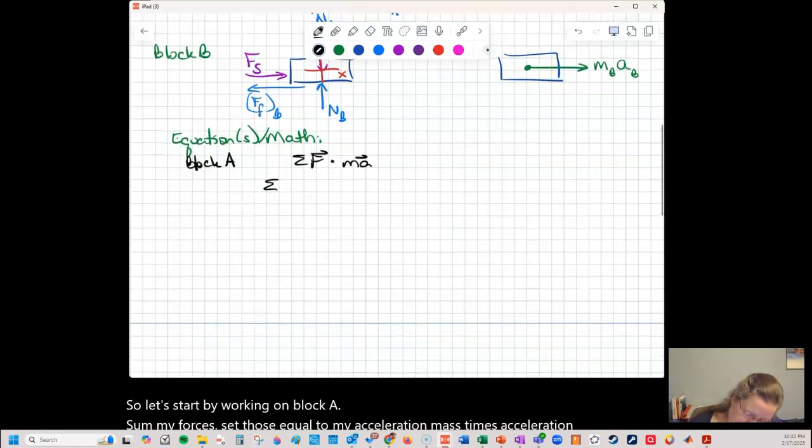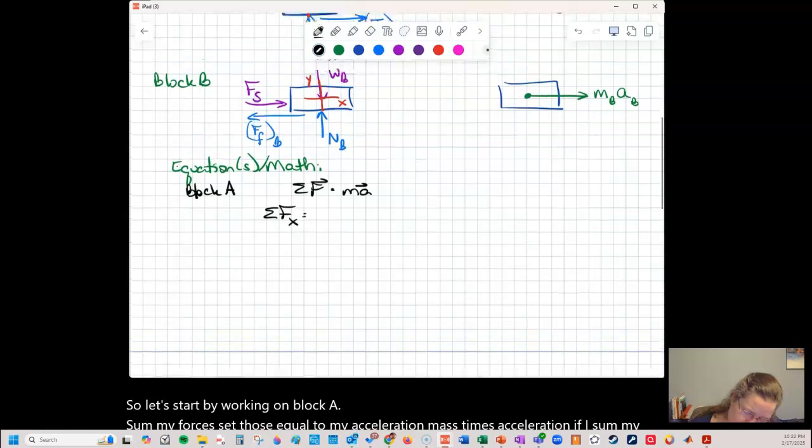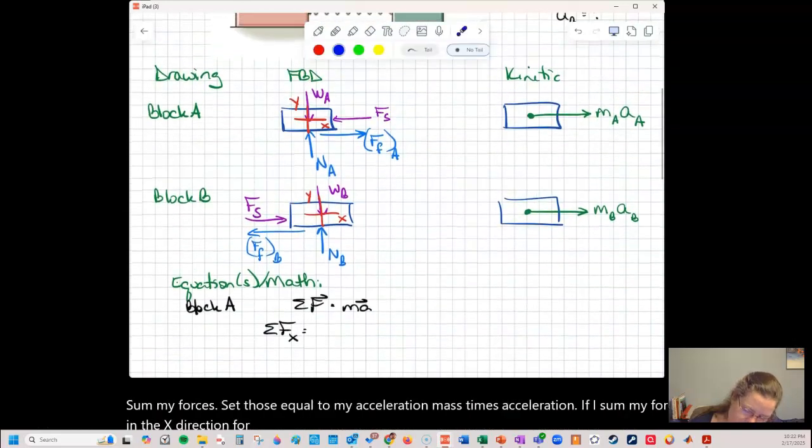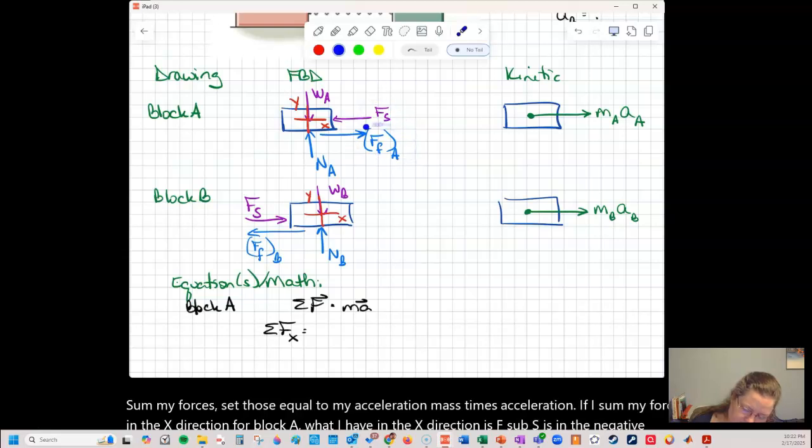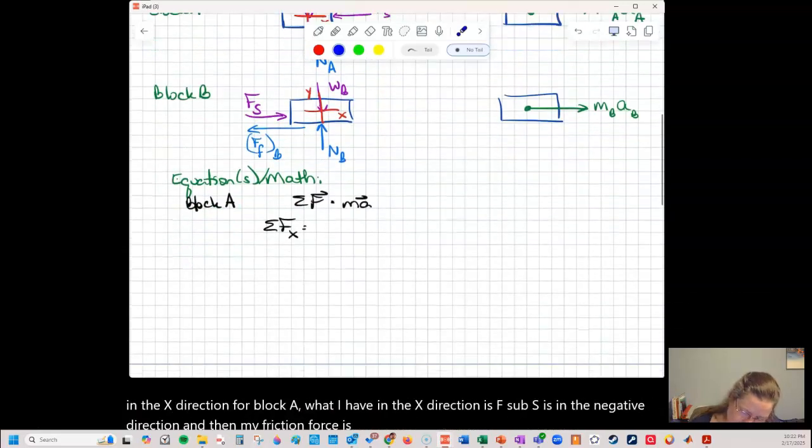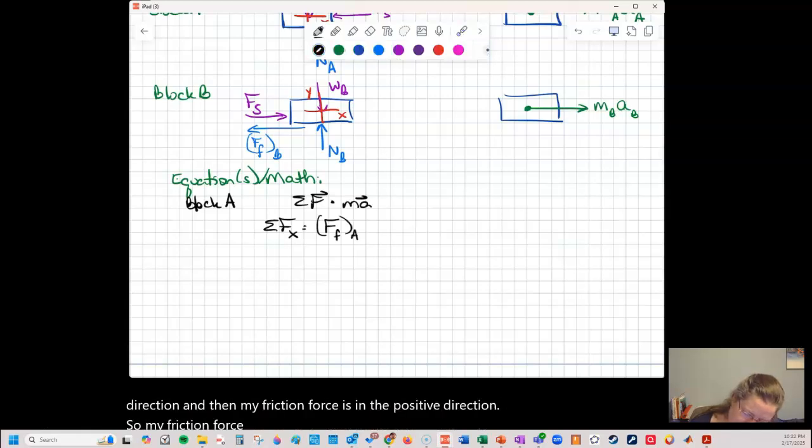If I sum my forces in the x direction for block A, F sub s is in the negative direction, and my friction force is in the positive direction. So my friction force for A minus my spring force is equal to M sub A times a sub A.